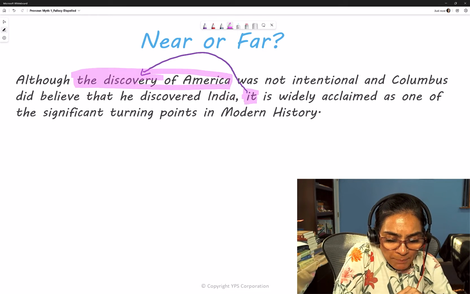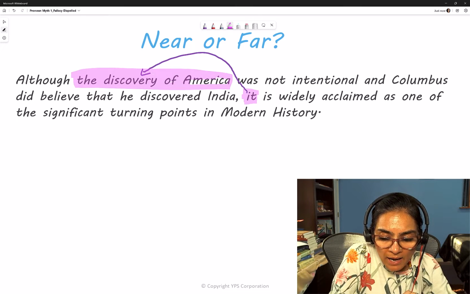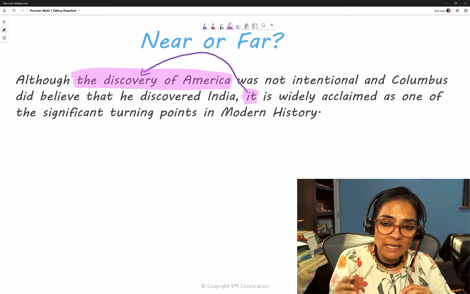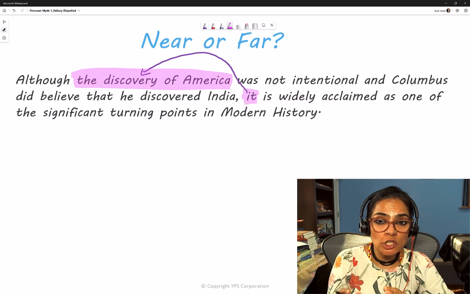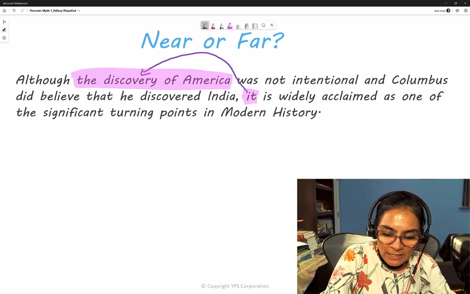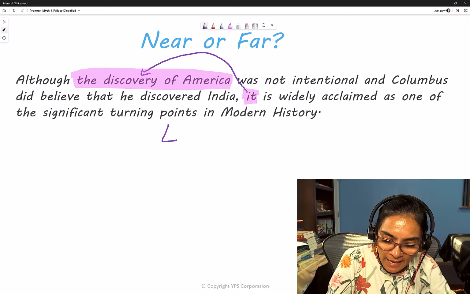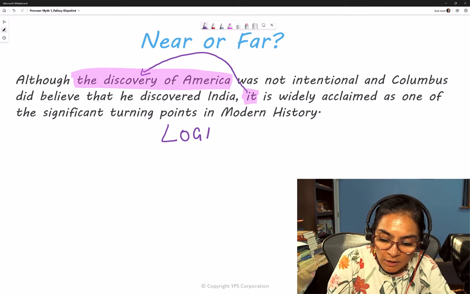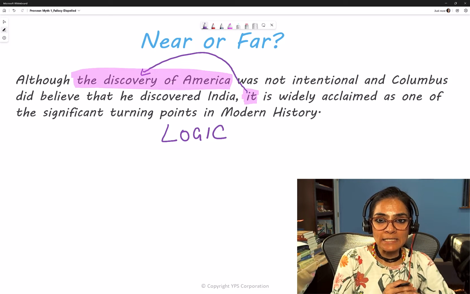And there is absolutely no other noun in the sentence that can logically fit in the place of the noun. So it is the logic that governs the pronoun reference in a sentence.